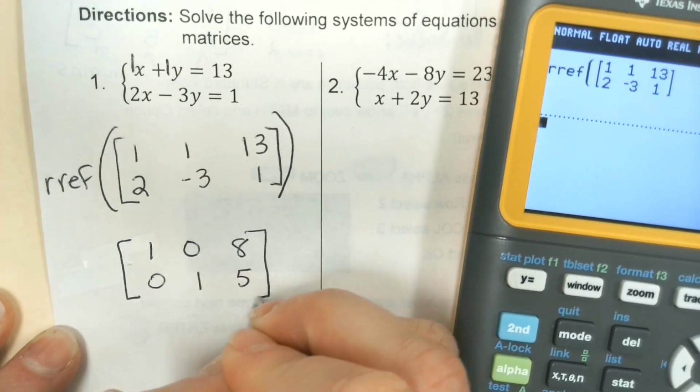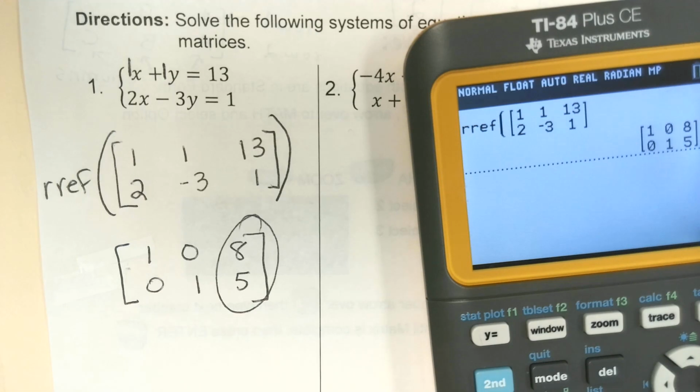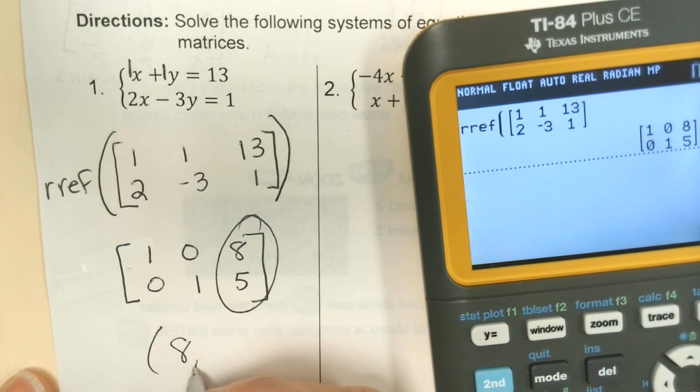1, 0, 8, 0, 1, 5. This was the warm-up, remember? Do you remember the warm-up answer? It was 8, 5. So our answer is in that last column after we do the REF. So it's 8, 5.